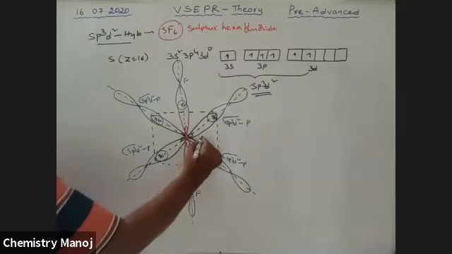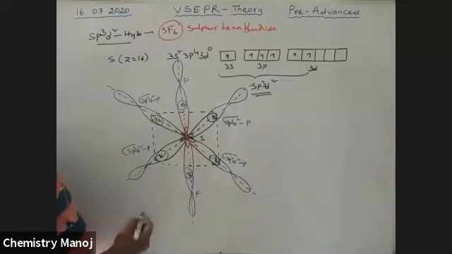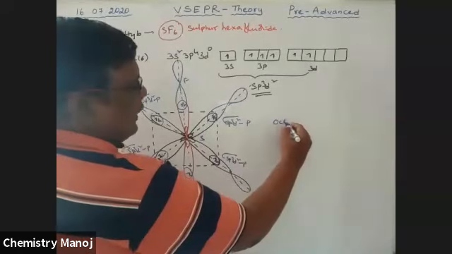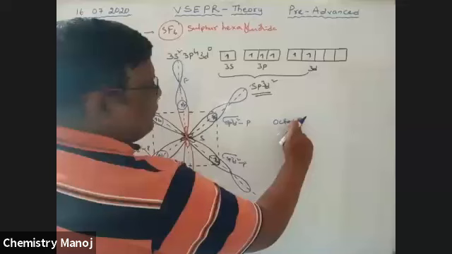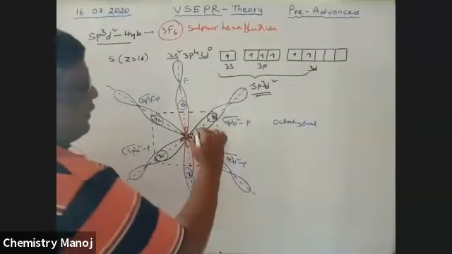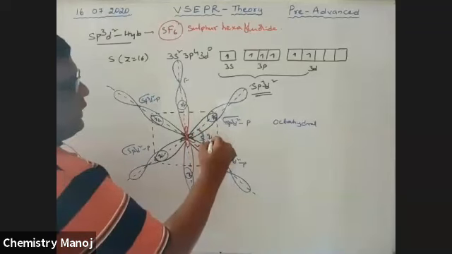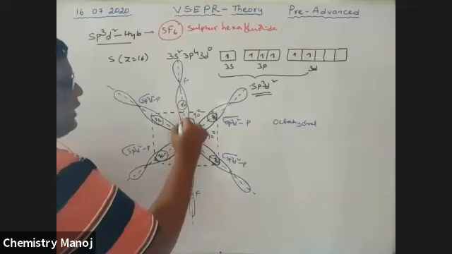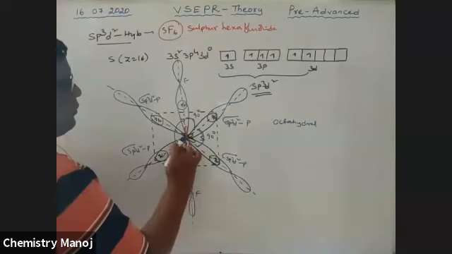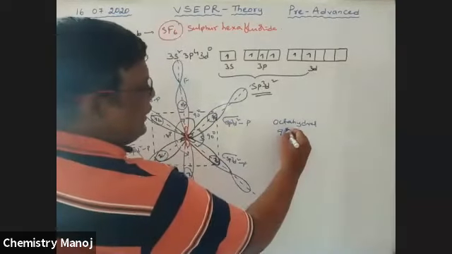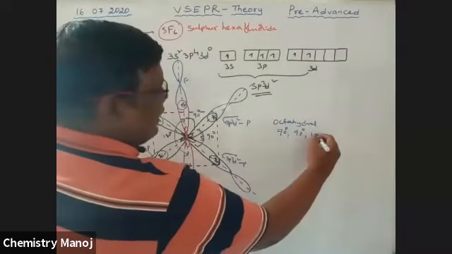Now the central atom is sulfur, and the shape is octahedral. Between equatorial bonds the angle is 90 degrees, between axial and equatorial it is 90 degrees, and between axial and axial it is 180 degrees. Therefore the bond angles are 90 degrees and 180 degrees.